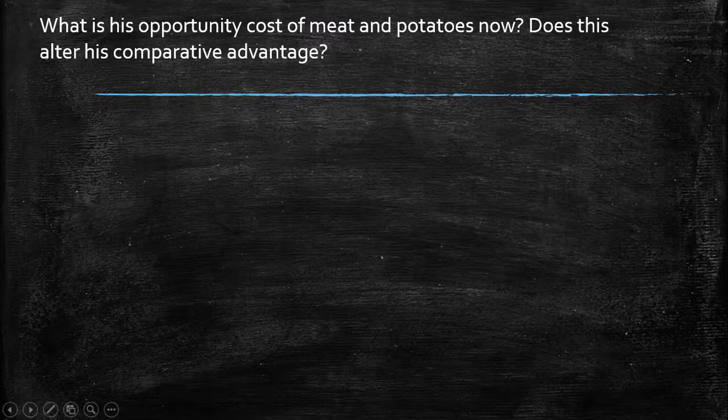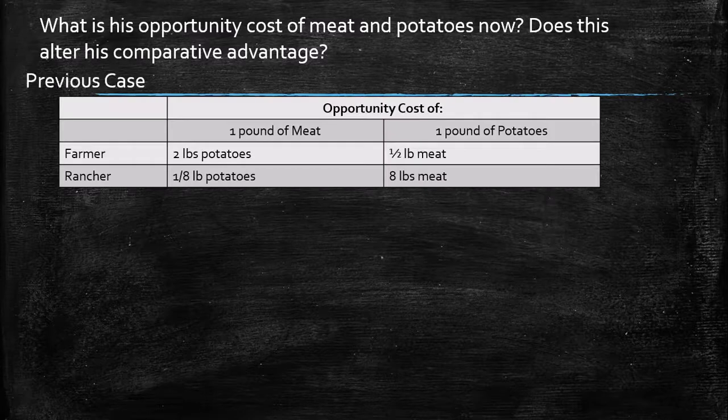So here, his opportunity cost of meat and potatoes now. Does this alter his comparative advantage? Here was the previous case, the opportunity cost.